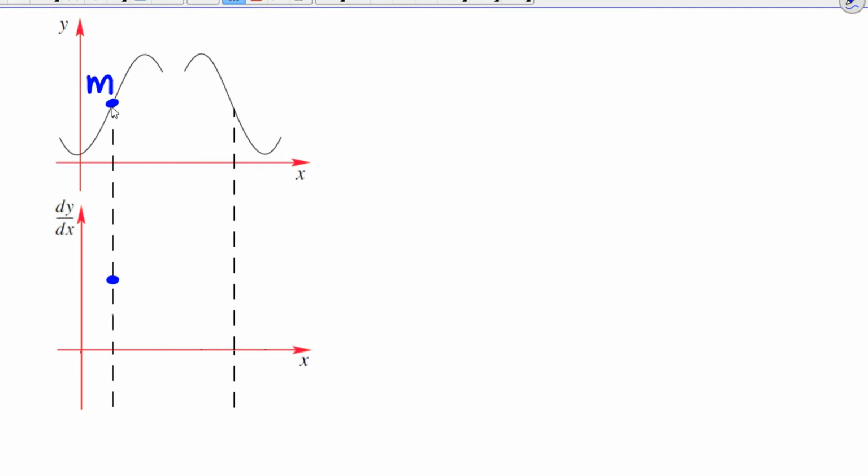And the slope at this point here will be 0, because that's a turning point, so that will be somewhere there. The slope at this point will be somewhere here.